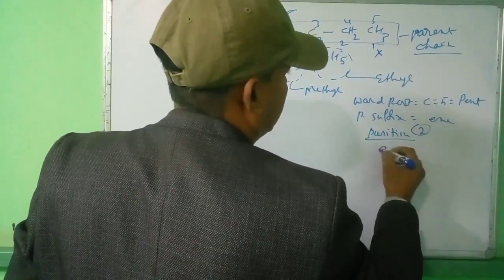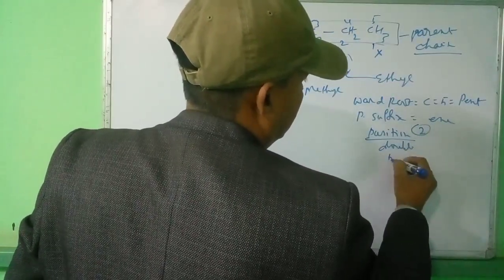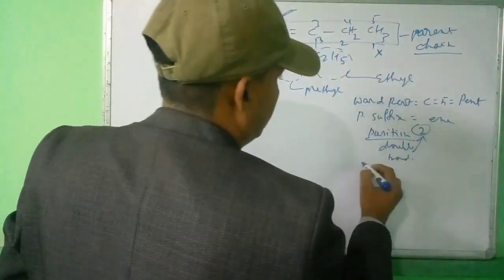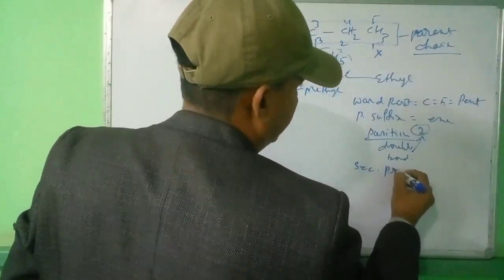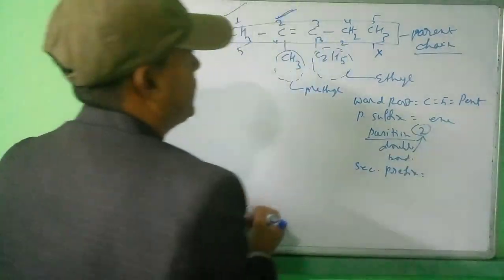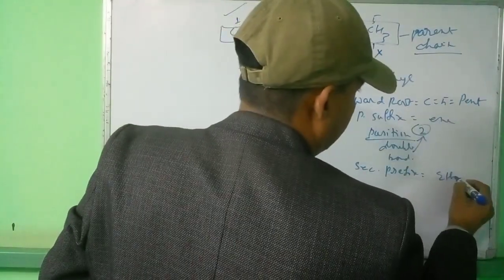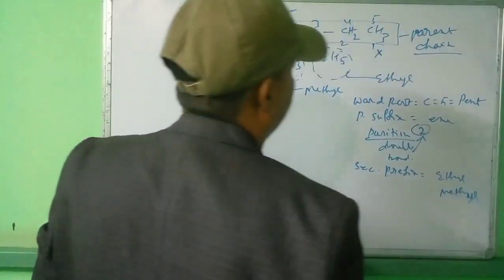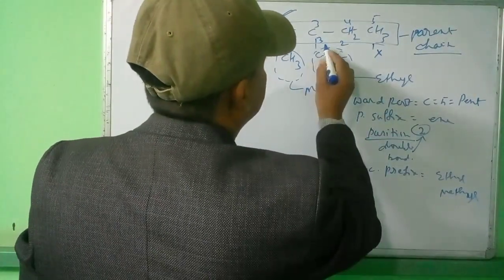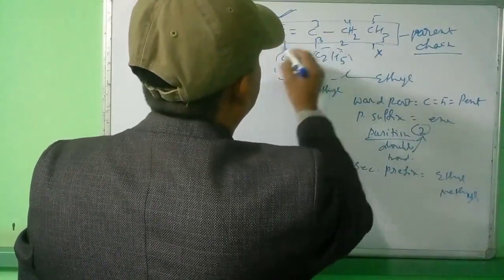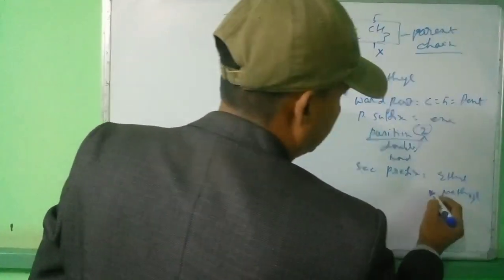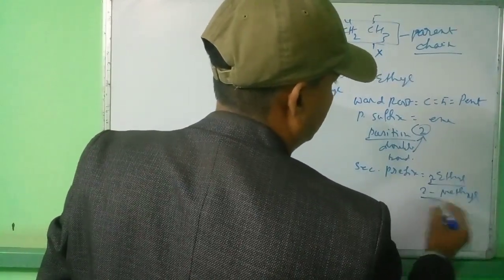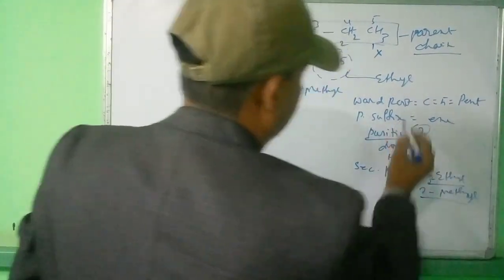Then secondary prefix: two different, ethyl and methyl. Position of the ethyl is what? 3 position here. And position of methyl is second position. So 2 methyl and 3 ethyl. Okay, position we have to write before the substituent.